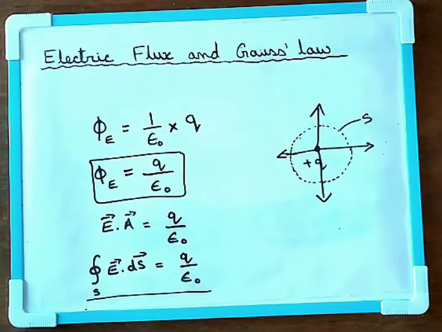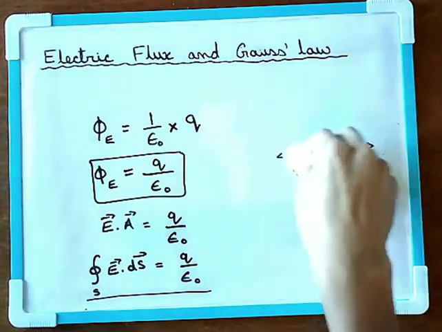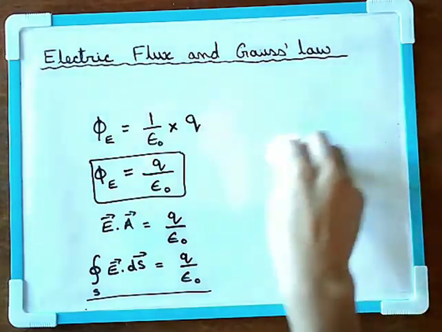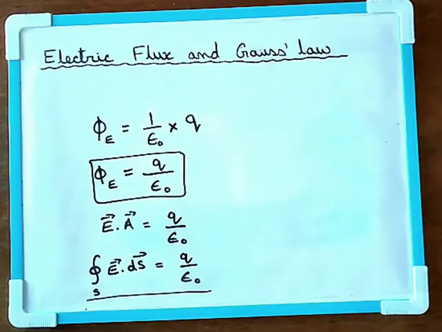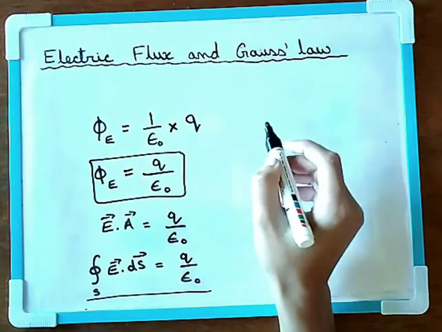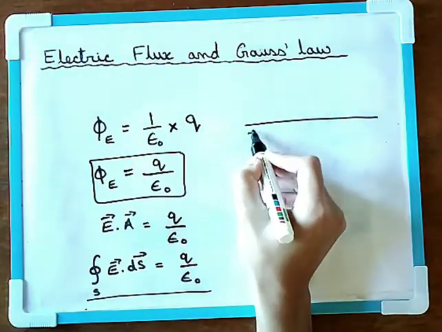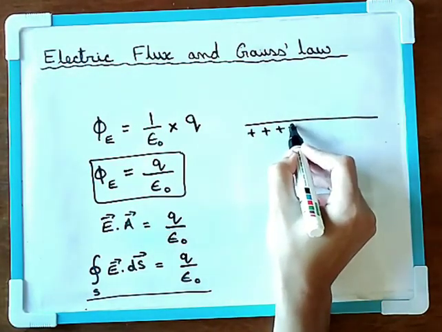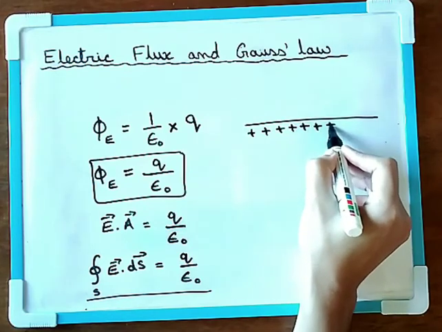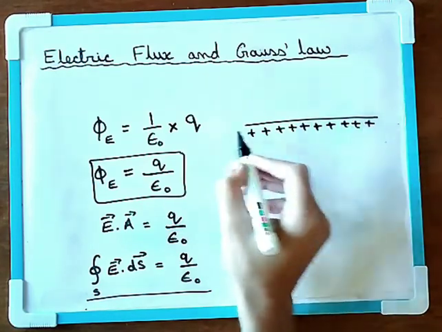So these are the two concepts of electric flux and Gauss law which we are going to use to find the electric flux. One is to find the electric field intensity due to an infinitely charged wire.